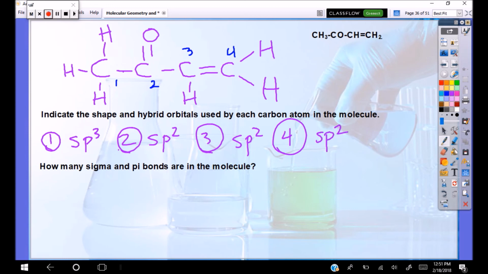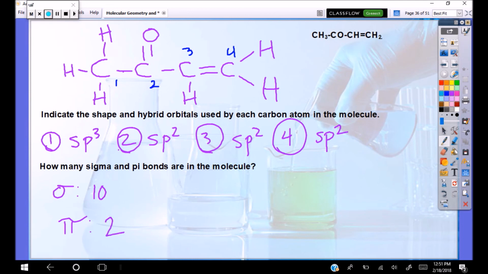All right, so how many sigma bonds are in this molecule? So count up all of the lines in between. You ignore the double bonds here, the pi bonds. So the number of sigma, please determine your answer now. There are 10 sigma bonds here. How many pi bonds?